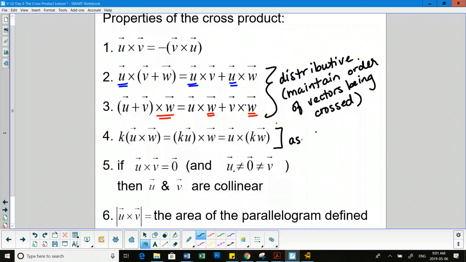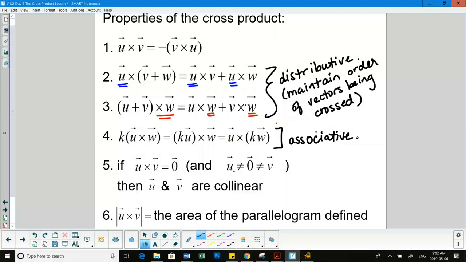This is the associative property: if I'm multiplying in a scalar, I can do that in any order. Keep in mind, k is a scalar, not a vector. I can do k times u first and then cross it with w, or k times w and then cross u by w, and that will give me the same vector. But I still maintain that proper order: u is always first and w is last.